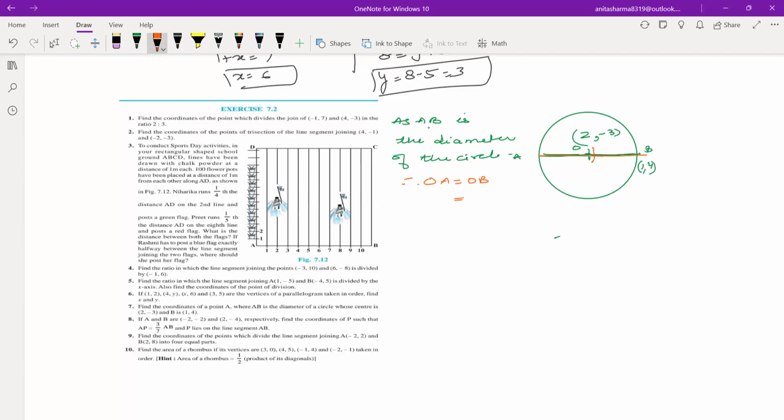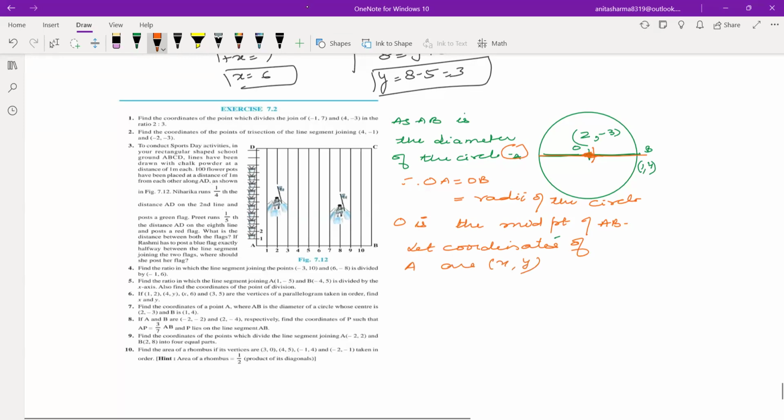OA is equal to OB, the radii of the circle, right? So it means this O is the midpoint of AB or not? Yes, ma'am. And we need to find the coordinates of A. So let the coordinates of A be x, y.